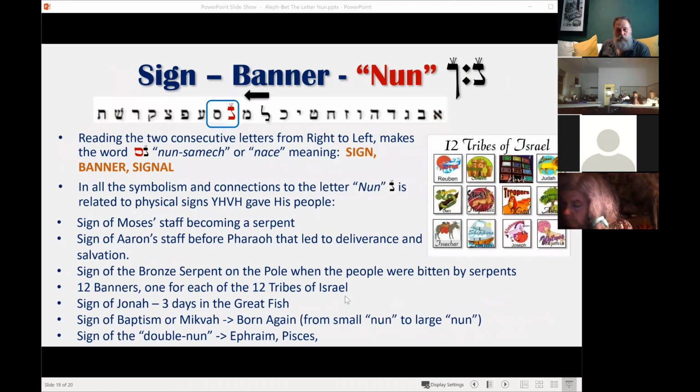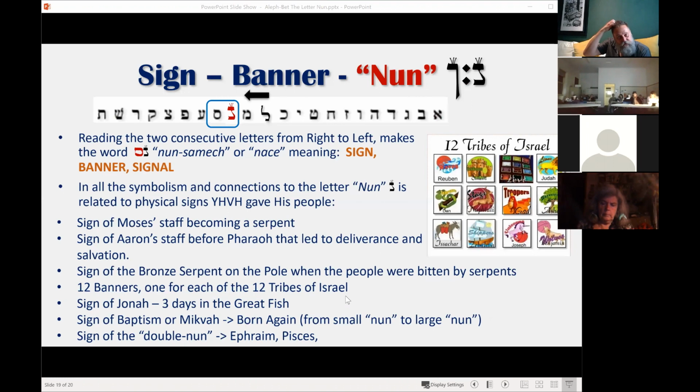The next one, which is the second last slide, has to do with the next two consecutive letters, which is the Nun Samech. Nun Samech make up the word Nes, that means sign, banner, or signal. Now, in the context of the Nun, we see that everything we discussed is something you can see. It's a sign. The baptism and the mikvah is a sign for being born again.